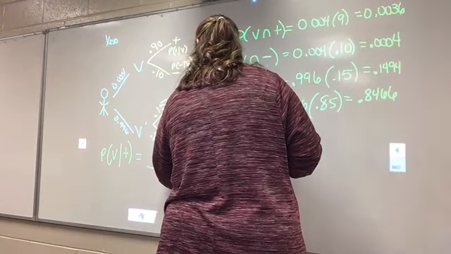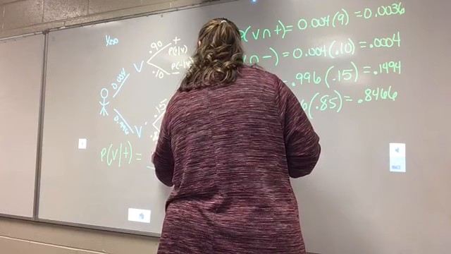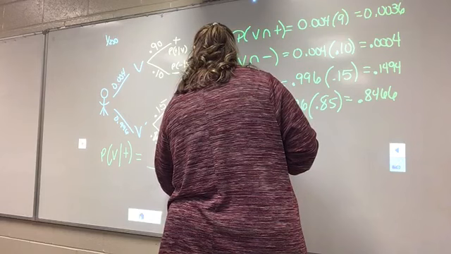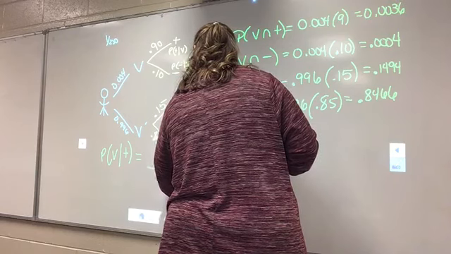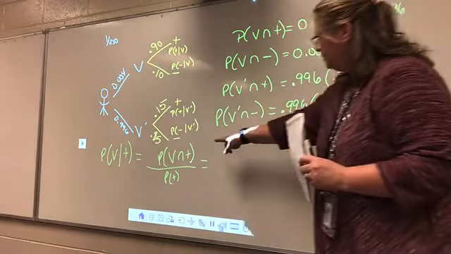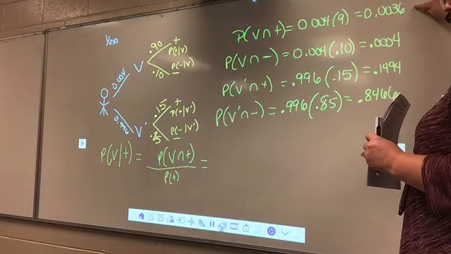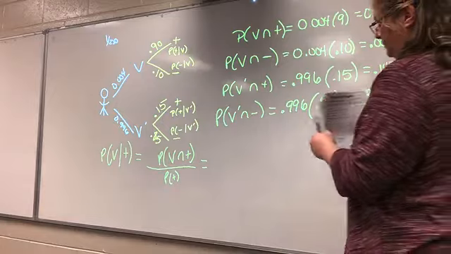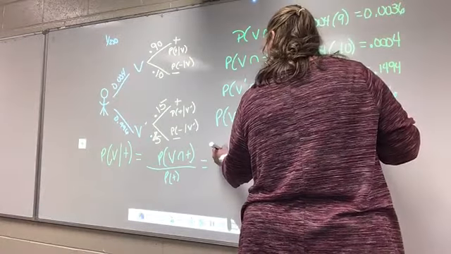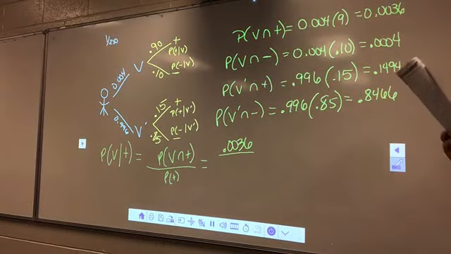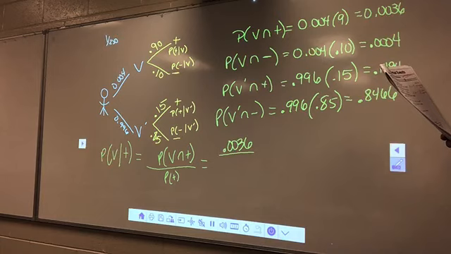So the probability of the virus and they're positive, well, didn't we do this one right here? So we already did the virus and being positive, 0.0036. And then what's the probability of testing positive? Wasn't there 2 ways?